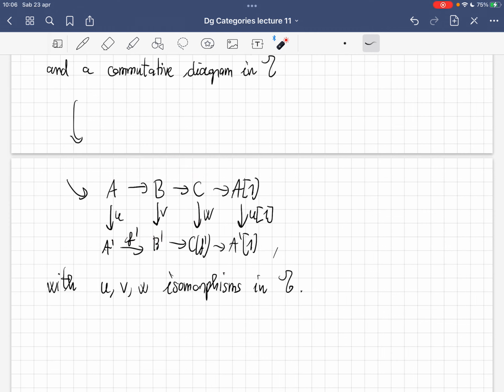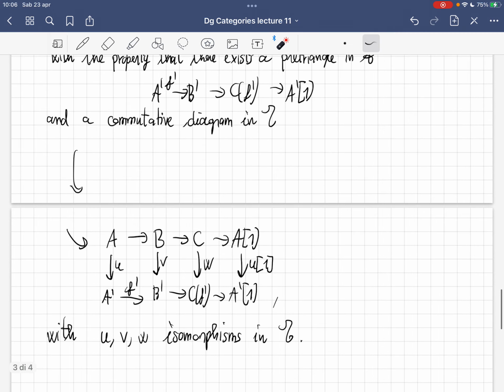Let's say it better: it's isomorphic to a sequence which is the image of a pretriangle in the homotopy category A0 of A, which we called T.